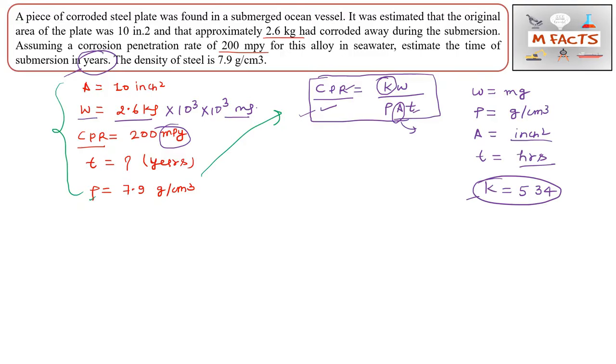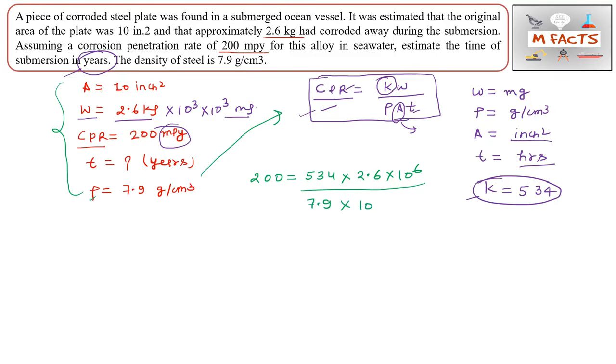So we will put these values here and try to find the time. CPR is 200, K value is 534, multiplied by W, that is 2.6 multiplied by 10 power 6, for calculating in milligrams, and rho value is given, that is 7.9, multiplied by area, which is given in inches square, this is 10.